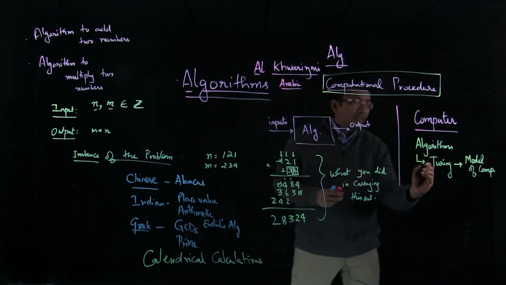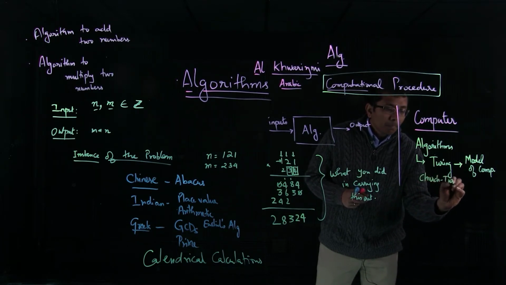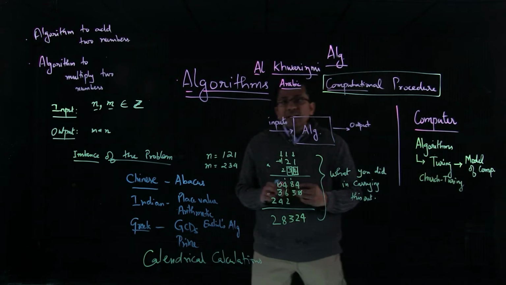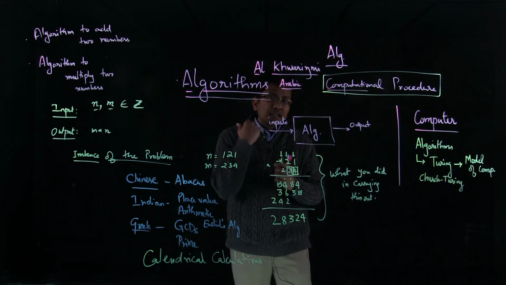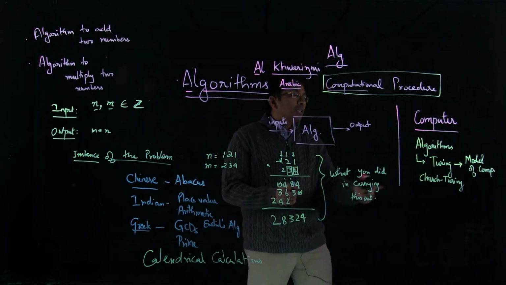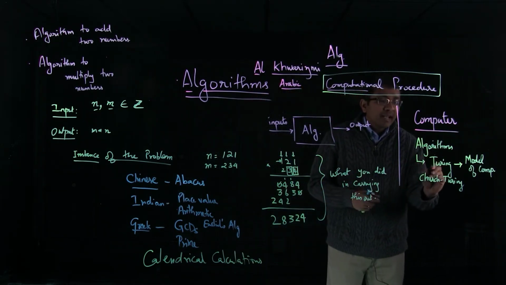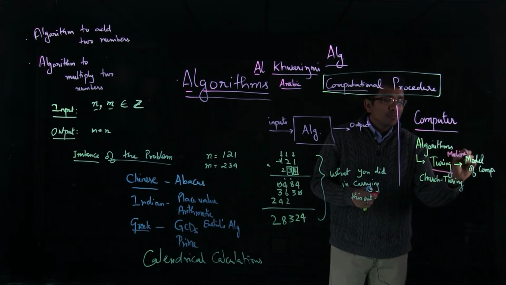Okay, and in fact, there is a thesis called the Church-Turing thesis, which says that any computer that can be physically realized in our world using the laws of physics, using silicon, using electronics, is exactly as powerful as a Turing machine, which is what Turing called his model of computation.